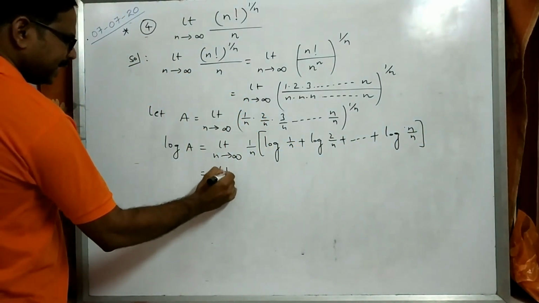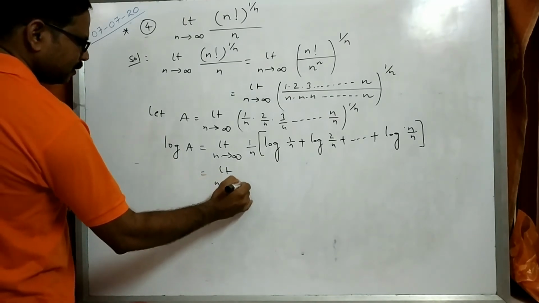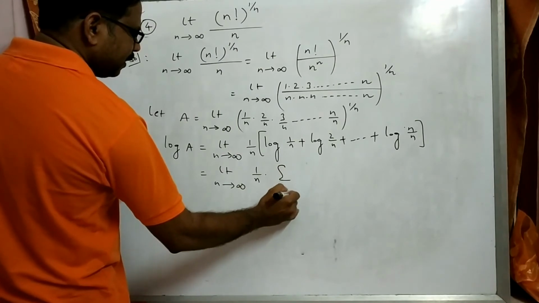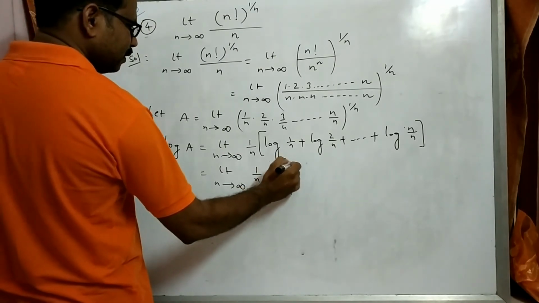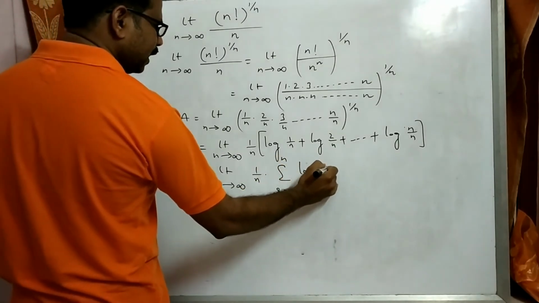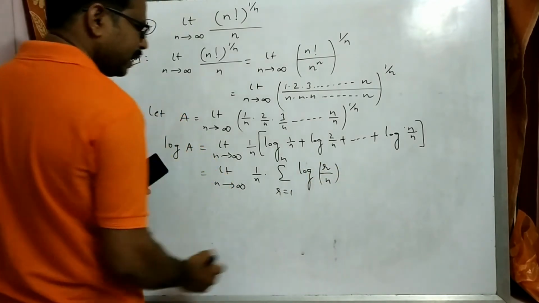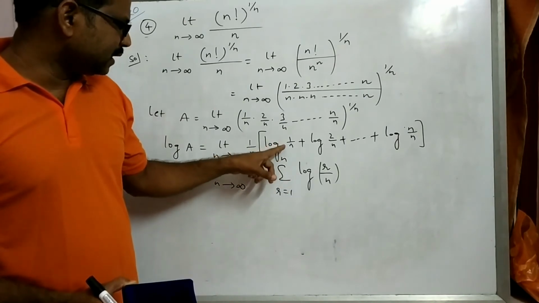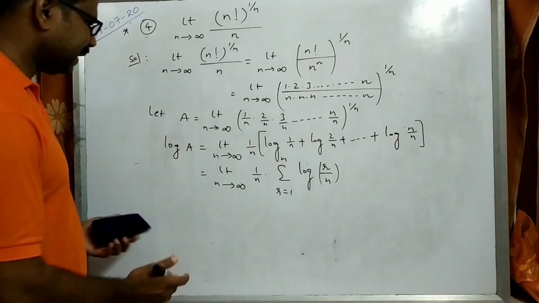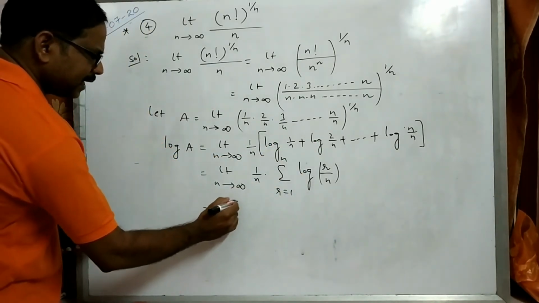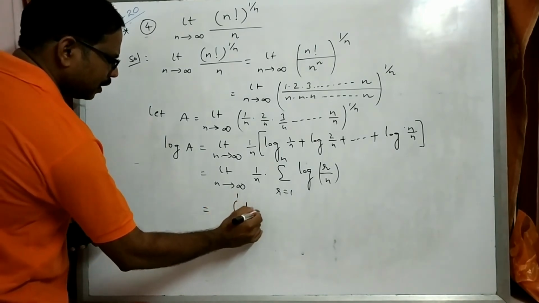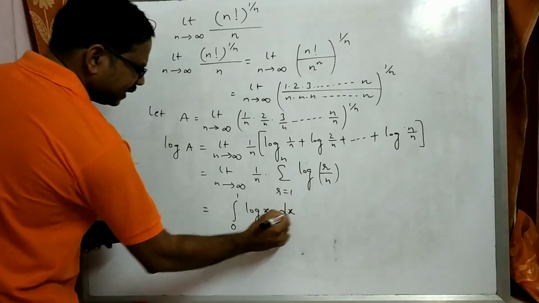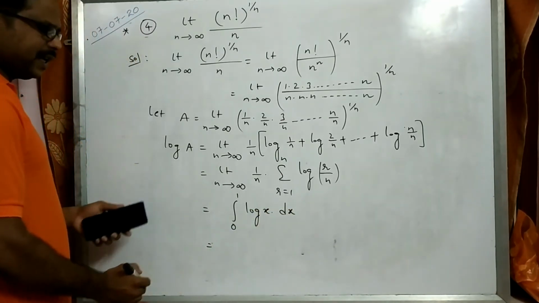So this I can write in the notation limit n tends to infinity 1 by n sigma r equal to 1 to n log of r by n. So instead of r, if you put 1, you will get first term, plus second term like that. So this I can write now integral 0 to 1 log, instead of r by n x, instead of 1 by n dx. This we also take by parts.